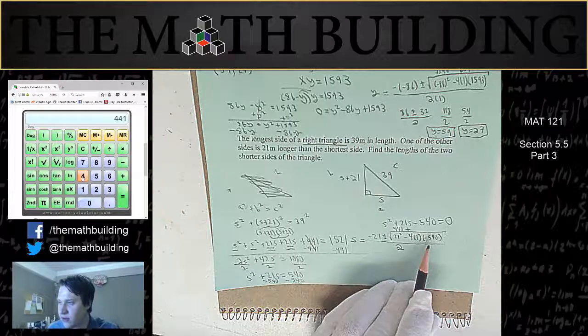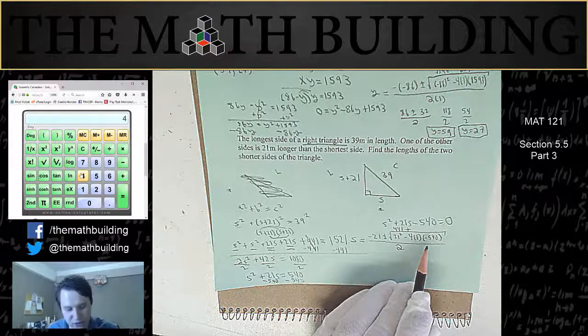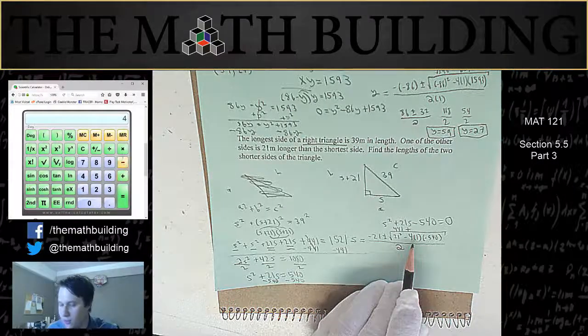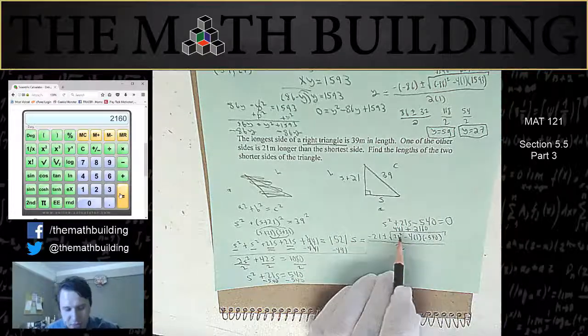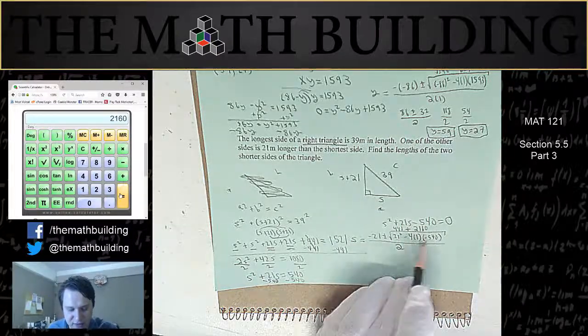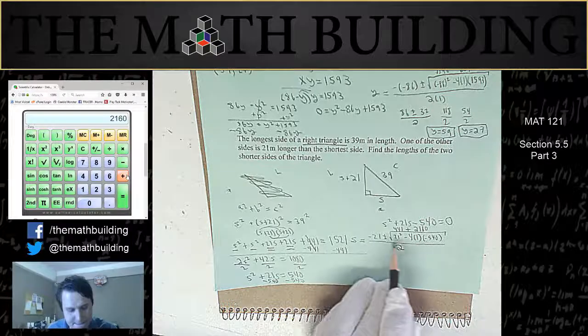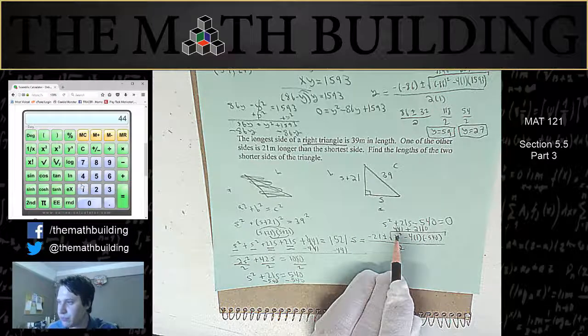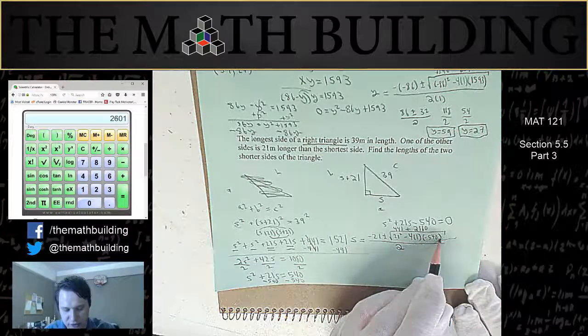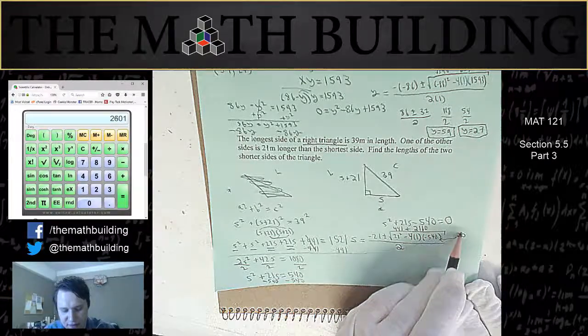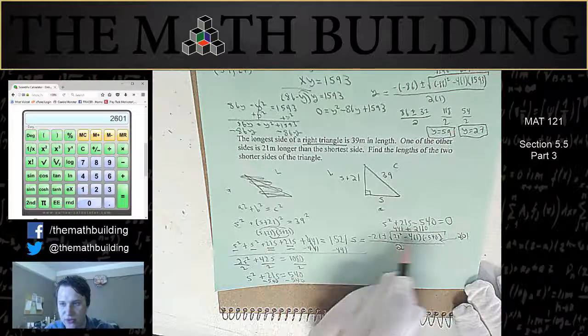And 4 times 1 is 4. So it's 4 times 540, which equals 2160. And so that's this plus this. So let's add those together. All right, so we get 2601. So the entire number inside of our square root is 2601.